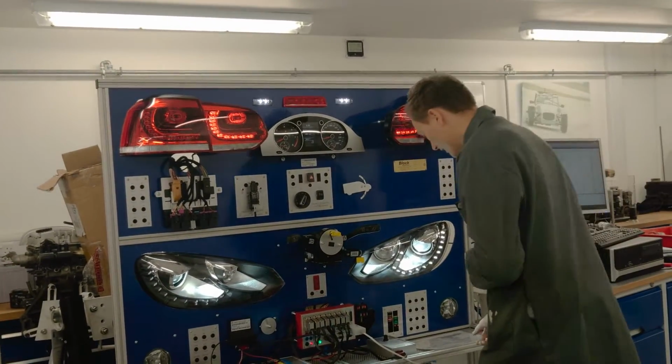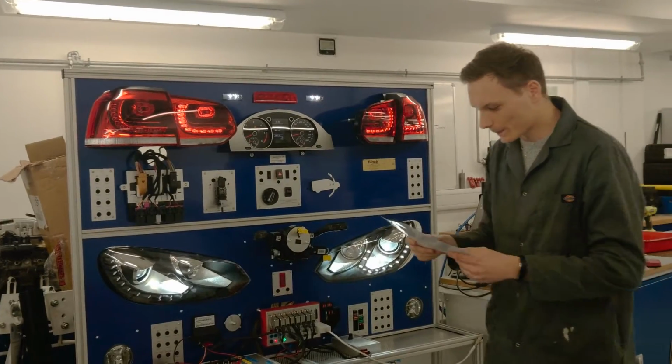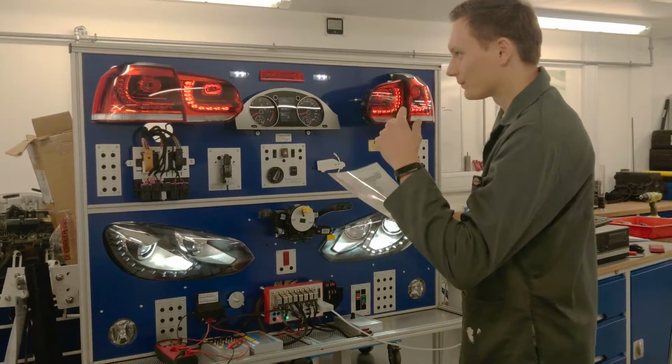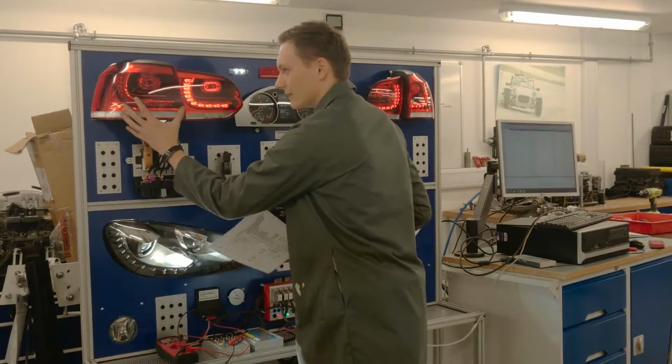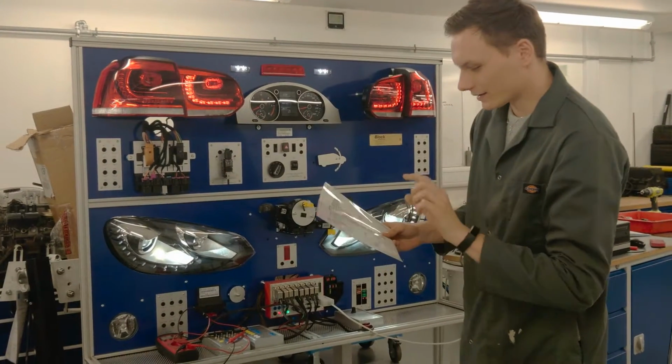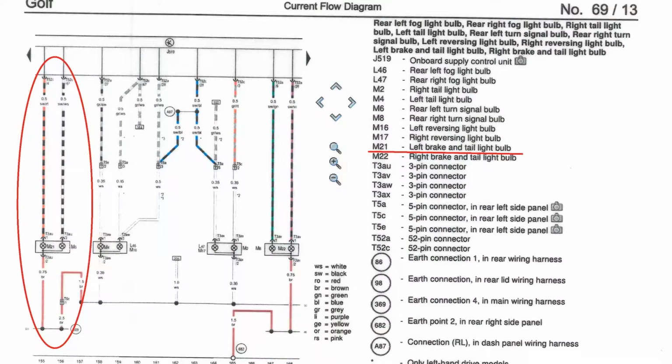So if I look at the diagram and locate the wiring of that module of this brake light unit, it clearly shows I have to put a pin on M21, which stands for module 21.